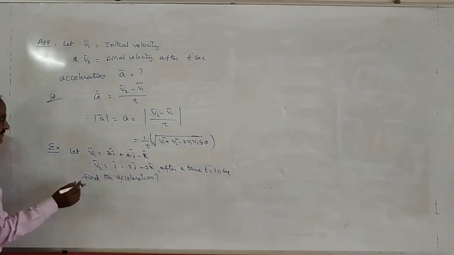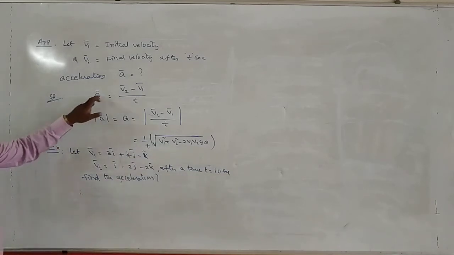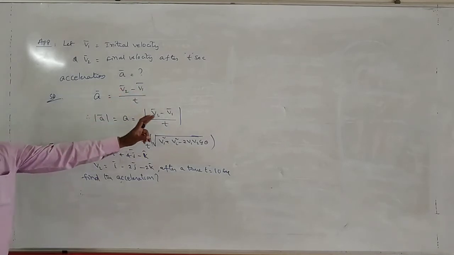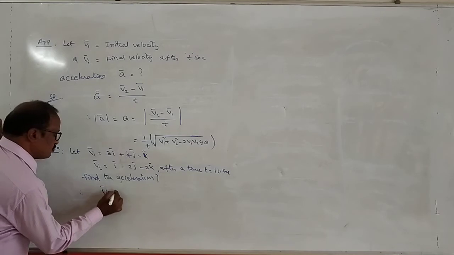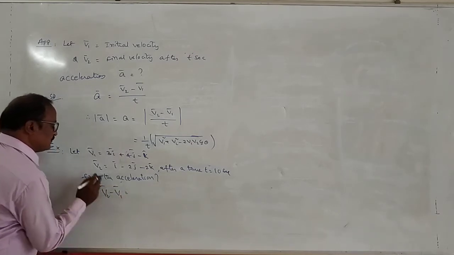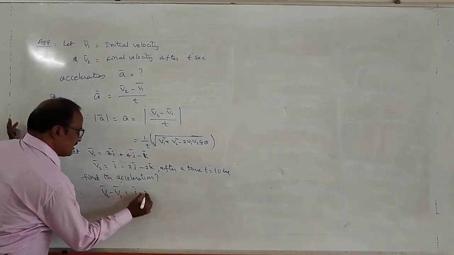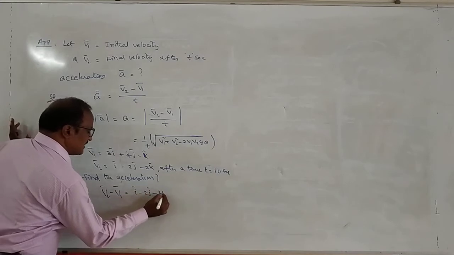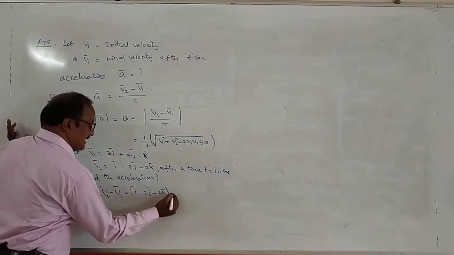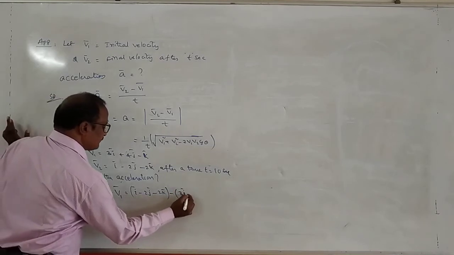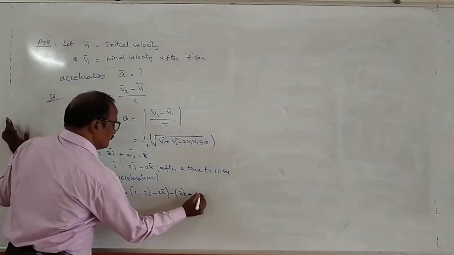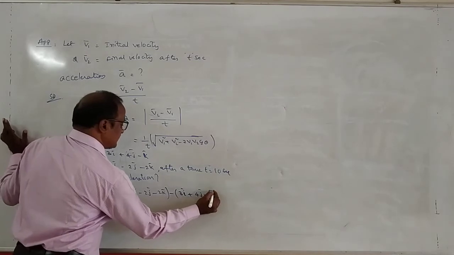First of all, to find the acceleration, we need the change in velocity and also the magnitude of change in velocity. So what is the change in velocity? v2 bar minus v1 bar is equal to i bar minus 2j bar minus 2k bar minus of 3i bar plus 4j bar minus k bar.